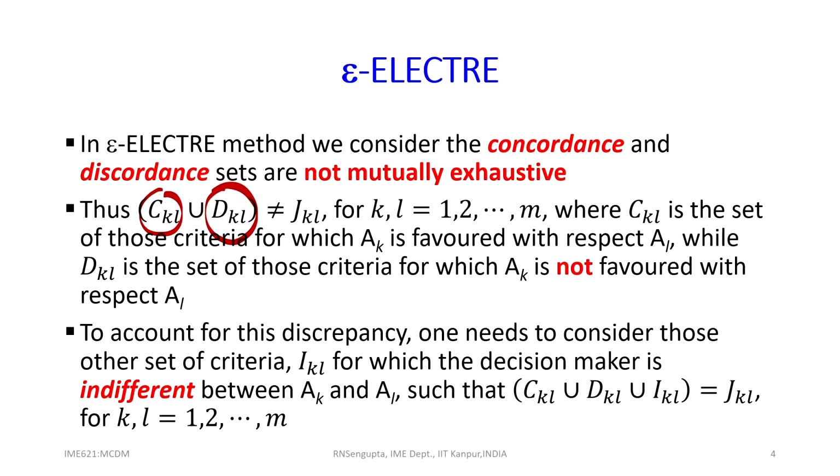Some of the criteria are such that you may be indifferent between alternative 1 and alternative 2, which in this case I am marking as AK and AL.